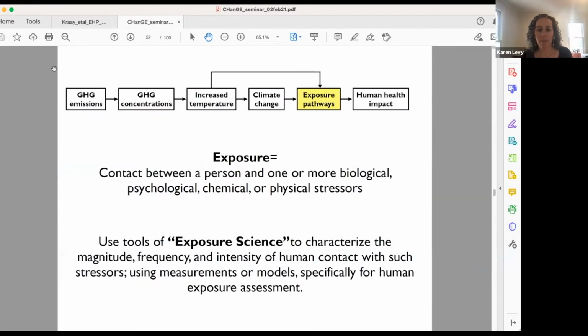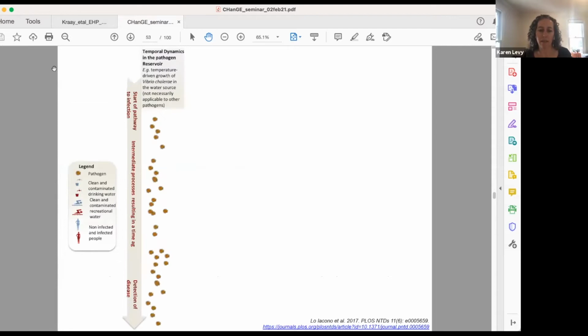So again, thinking back to this question about exposure and exposure pathways for diarrheal diseases, this can get really complicated. This is from a figure, and I really like the way that these authors put this together, where they're talking about waterborne diseases and how to measure exposure. Starting with the dynamics of the pathogen itself within the reservoir, in a body of water, that can be very changing over time.